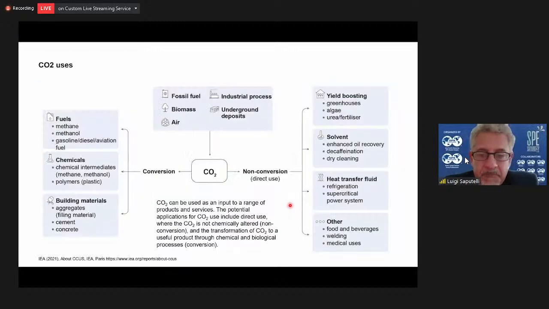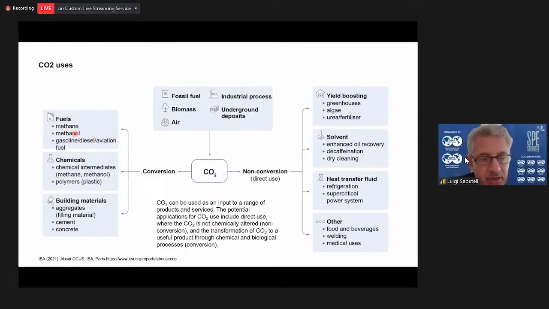Okay, there are other uses for building this new economy. We know that CO2 may come from all these different sources: fossil fuel, biomass, air, industrial processes, etc. And there are 2 types of uses: the direct use, in which the CO2 is not chemically altered, and the conversion, where it can be used as fuels.